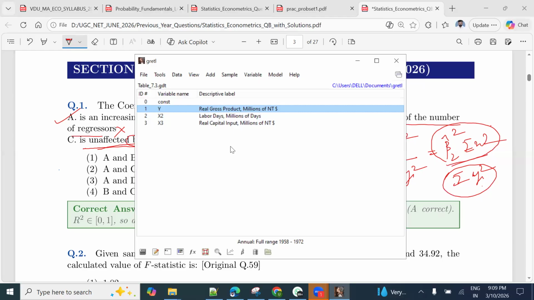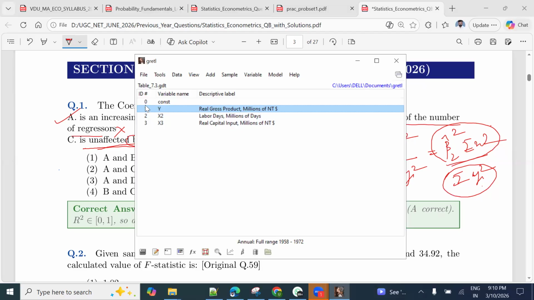Child mortality example. Okay, this one also we can use, not a problem.